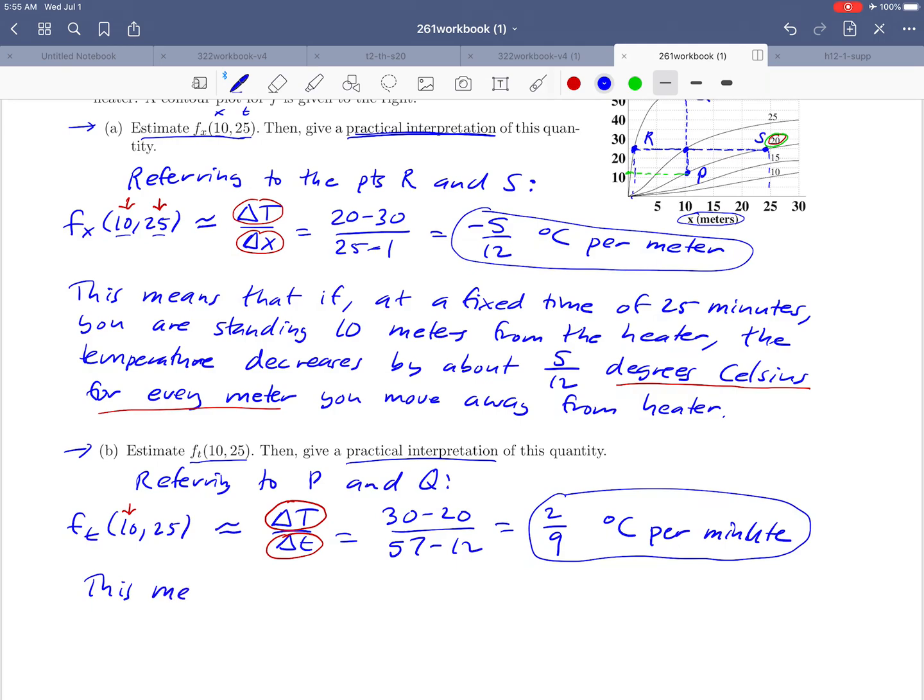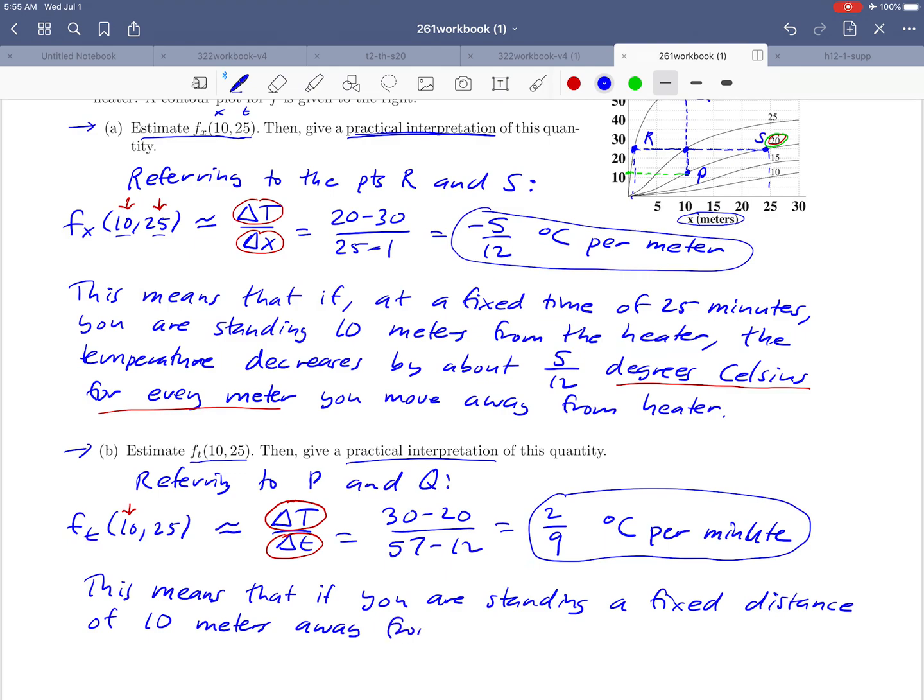So this means that if you're standing a fixed distance away from the heater, at a time of 25 minutes, so I'll just say that after 25 minutes.